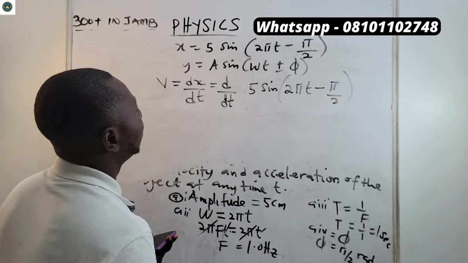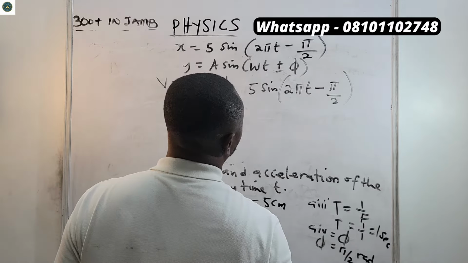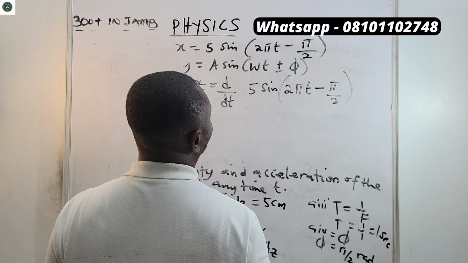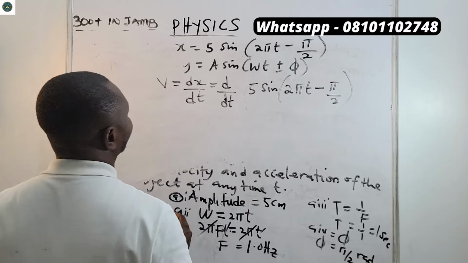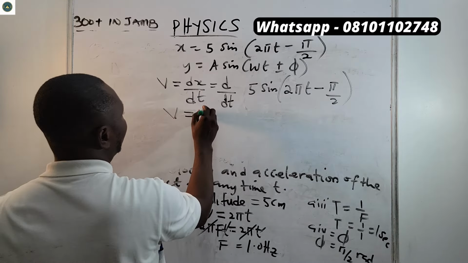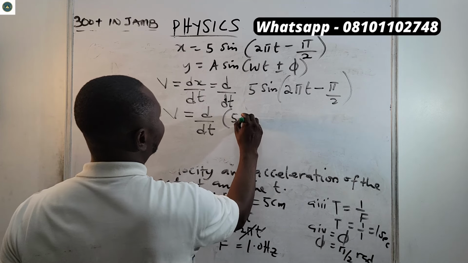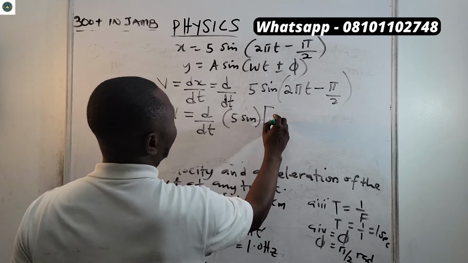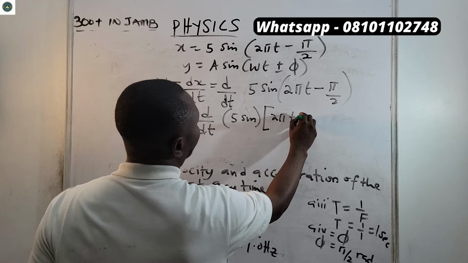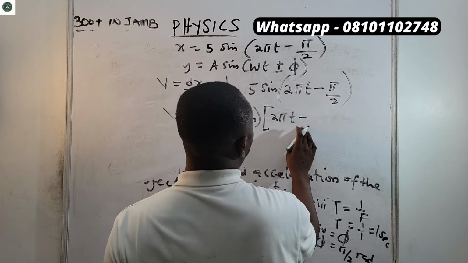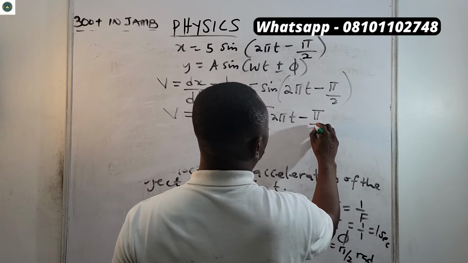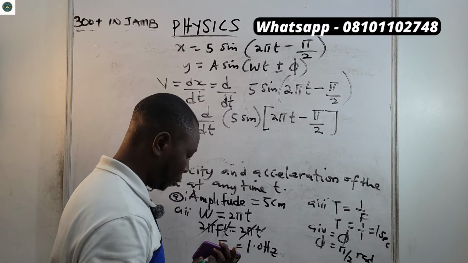Now, if we differentiate, what do we have? We have v equals d/dt of 5 sine (2 pi t minus pi over 2).